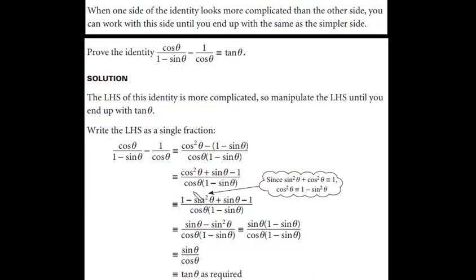So you can change it into this form, and then you have sine theta minus sine squared theta. The other terms cancel each other, so you don't need to look at them anymore. Then you take the common factor, sine theta multiplied by 1 minus sine theta, which you then cancel, and you have sine theta over cos theta equal to tan theta.